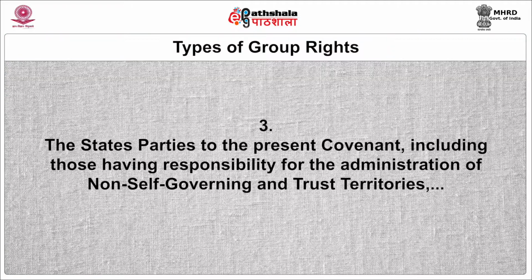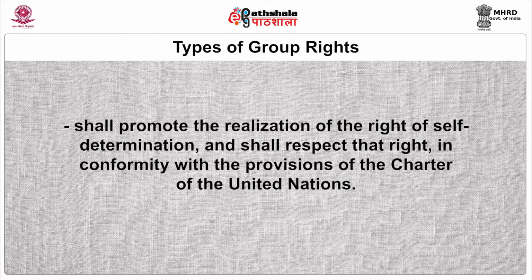In no case may a people be deprived of its own means of subsistence. The state parties to the present Covenant, including those having responsibility for the administration of non-self-governing and trust territories, shall promote the realization of the right of self-determination and shall respect that right, in conformity with the provisions of the Charter of the United Nations.